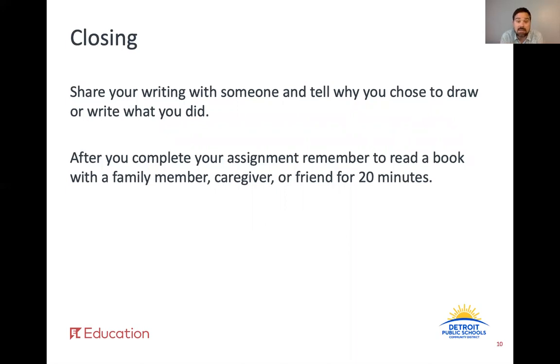Is it easier to find the gist? Is it easier to determine the central idea? And is it easier for you to find certain things that are going to back it up? Because I know every article is different every week, but we're doing a lot of the same skills, and you should always think about how you're progressing, and hopefully it's just becoming a little bit more natural, easier for you. As a closing, share your writing with someone and tell them why you chose to write what you did.